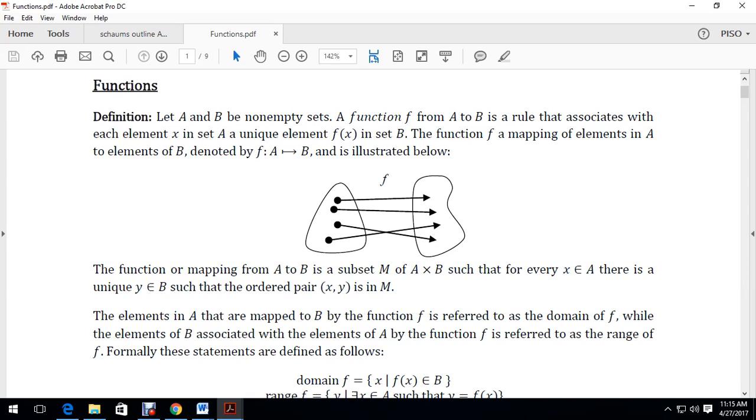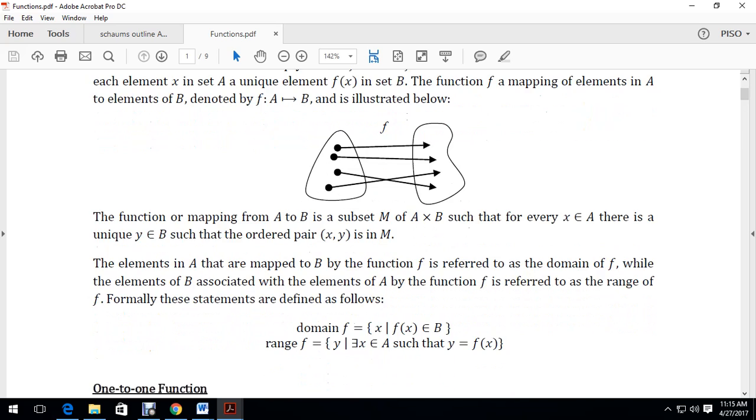Again, the function or mapping from A to B is the subset M of the Cartesian product between A and B, such that for every x element in A, there is a unique y element in B, forming the ordered pair (x, y), which is an element of M, a subset of the Cartesian product between A and B.